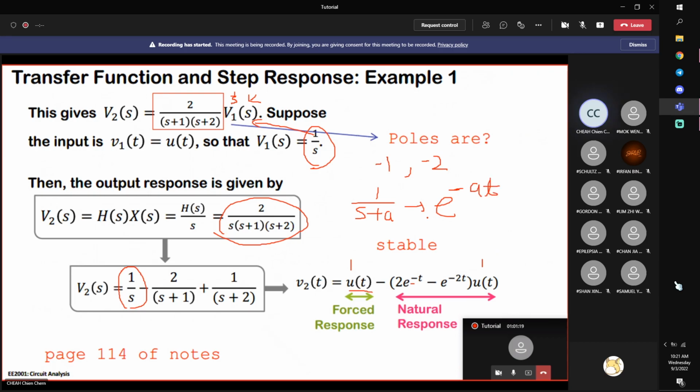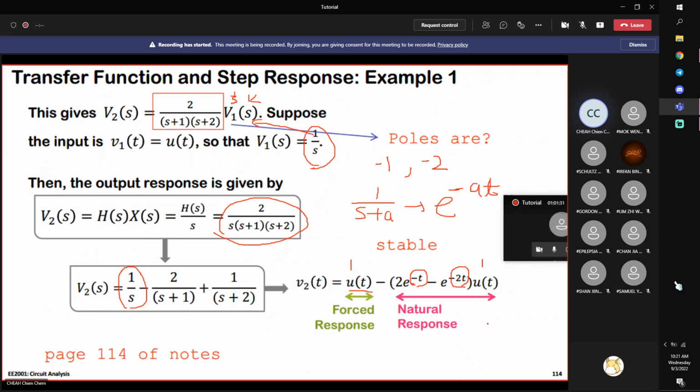Which means that if your poles are negative, then you have a negative exponent here. What does this mean? The natural response goes to 0 when t goes to infinity, that means at steady state.